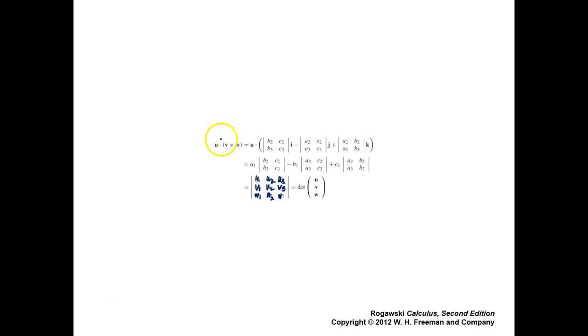Now, so this should be V2, V3, and this should be W2, W3. This should be V1, V2, W. You could read the C, C is W.